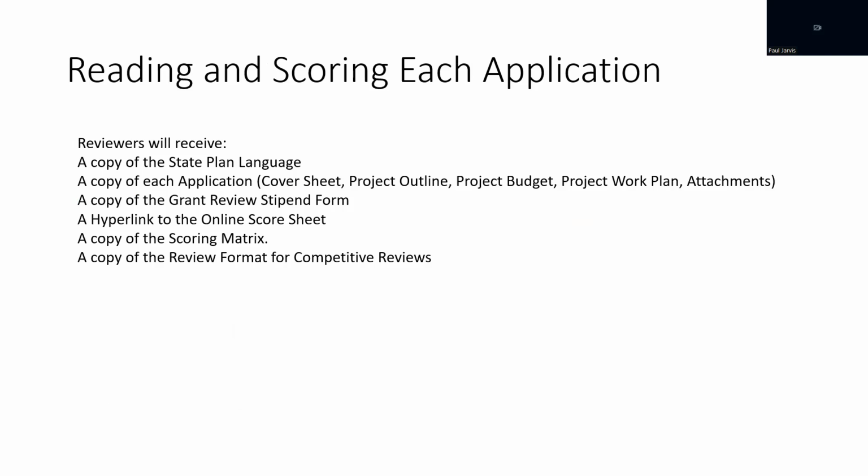The email will include basic information such as the time, date, and location of your review, and will include the following attachments: a copy of the state plan language, which describes the project, a copy of each application, which we just said is made up of the cover sheet, outline, budget, work plan, and attachments, a copy of the grant review stipend form, a link to the online scoring form, a copy of the scoring criteria, and a copy of the review format for competitive reviews.